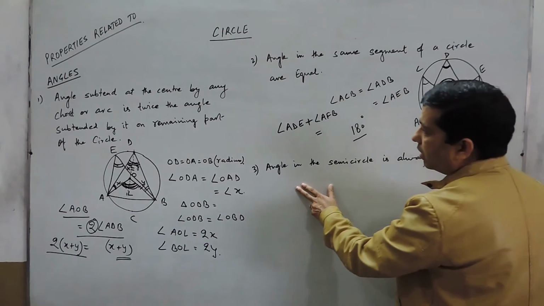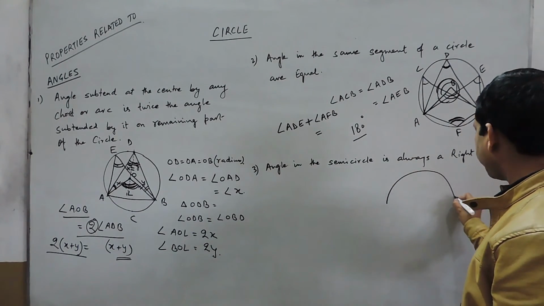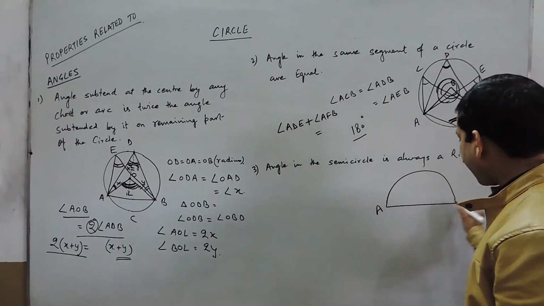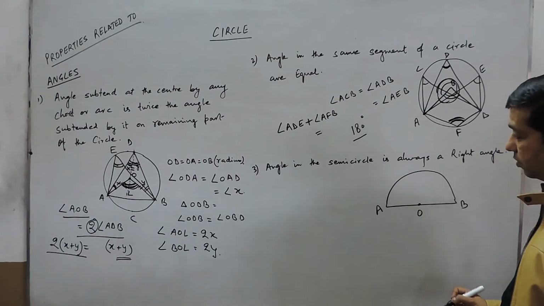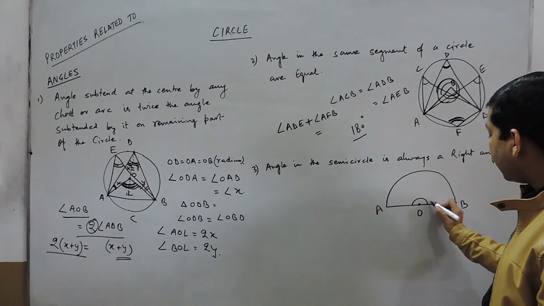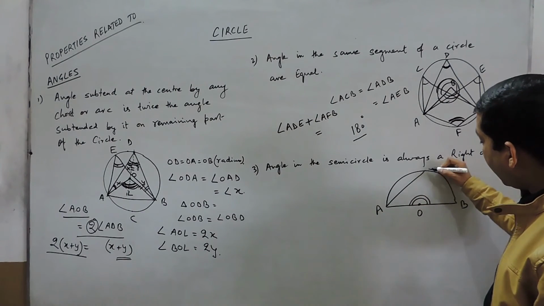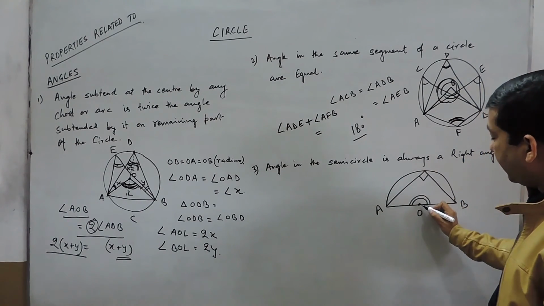Then there is another property: the angle in a semicircle is always a right angle. In the semicircle, AB acts like a chord, and we already know that the angle in the segment must be half of the angle at the center.